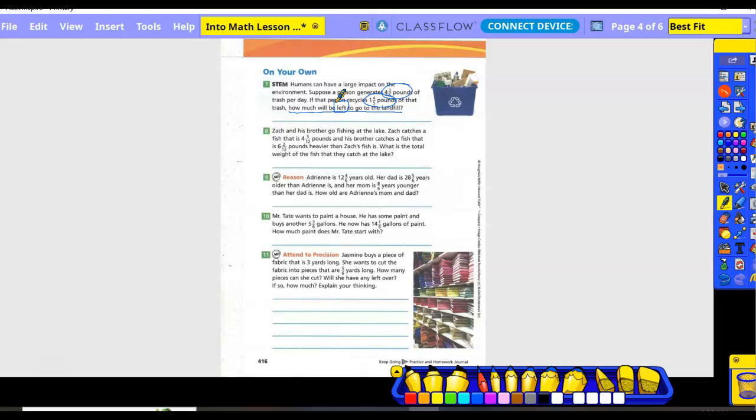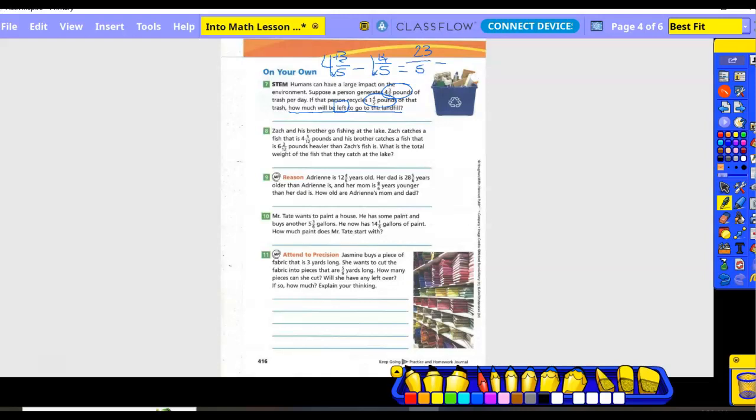Subtract. So I have 4 3/5 minus 1 4/5. Can I subtract 4/5 from 3/5? No. So I need to make those into what? Improper fractions. So I'm going to put my little multiplication, my little plus sign. 5 times 4 is what? 20 plus 3 is 23, and my denominator stays the same.